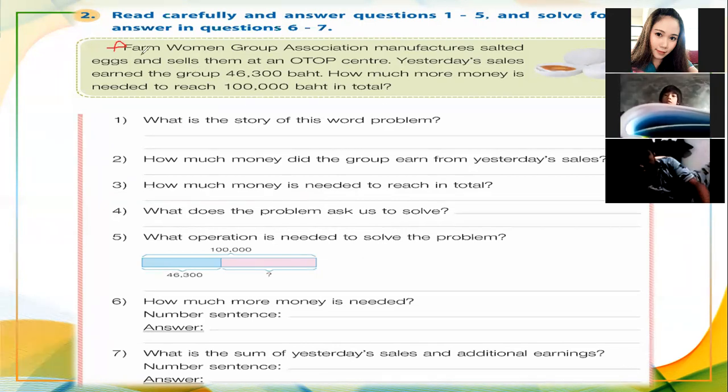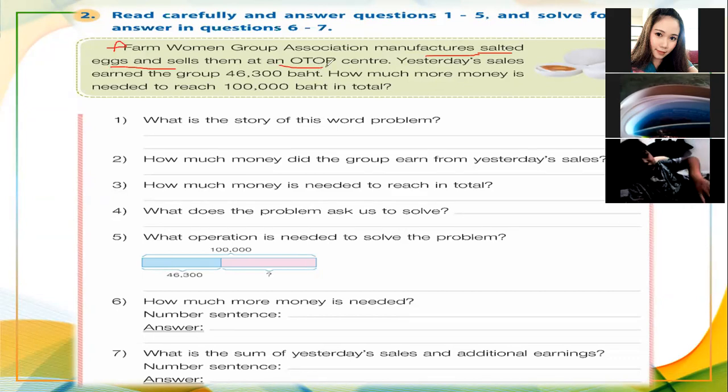First of all, a Farm Women Group Association manufactures salted eggs and sells them at an OTOP center, okay? So it is a group of an association of farm women who manufacture salted eggs and then sell them to an OTOP center. Now this is one thing we have as information.